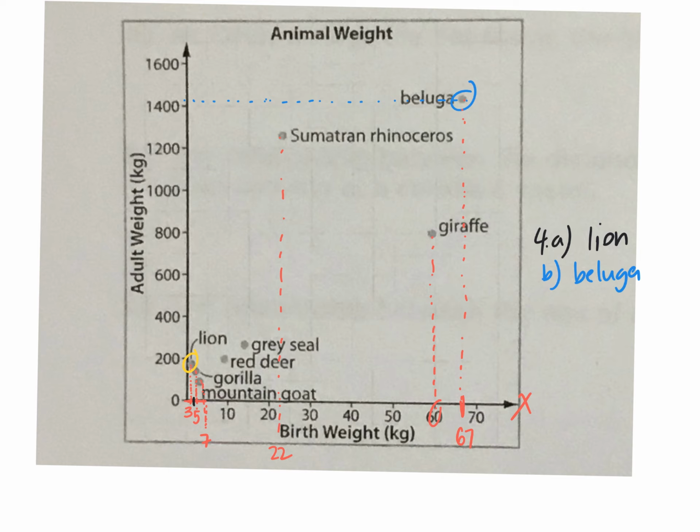Based on this trend, if a human was 3.4, where would you plot that point? What would it be around as an adult? Maybe around here? Does this make sense? Around 100? Yeah. We wouldn't plot a human over here, right? That wouldn't make any sense, and that doesn't even follow the trend.